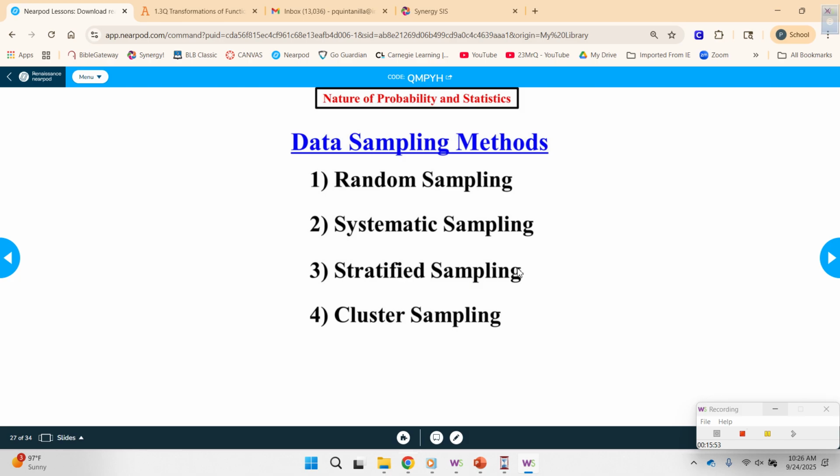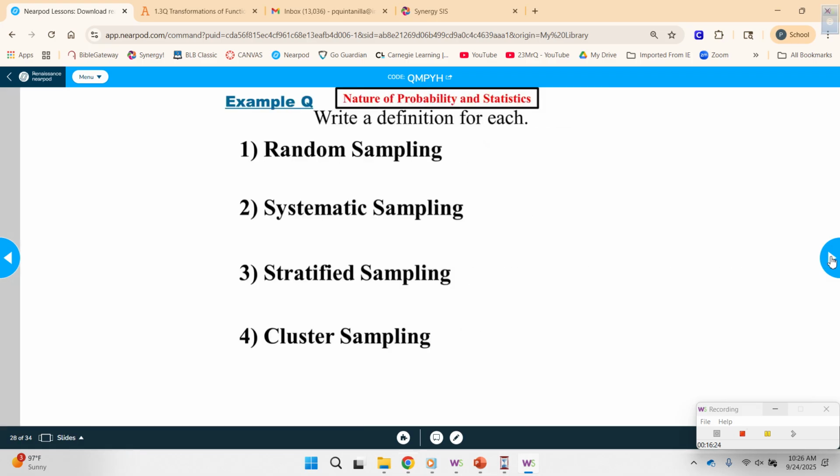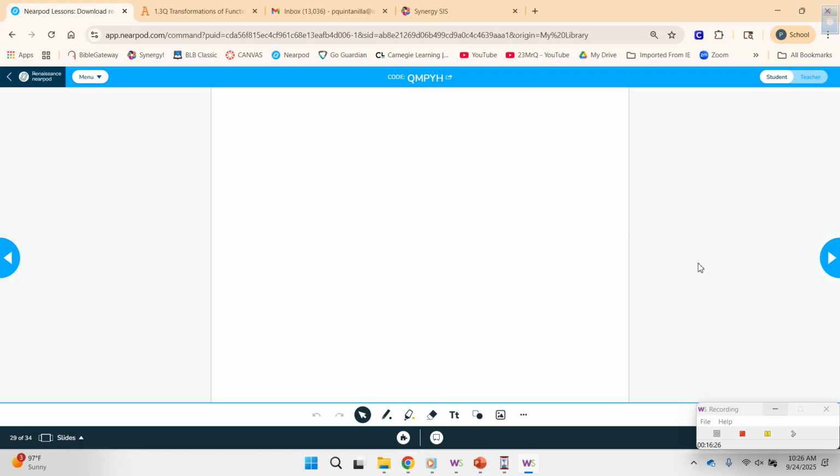Talking to your neighbor. What would be the process to get the stratified sample? All right, write it on the screen. Number 3 for stratified sample. Write me the process on your screen, please.